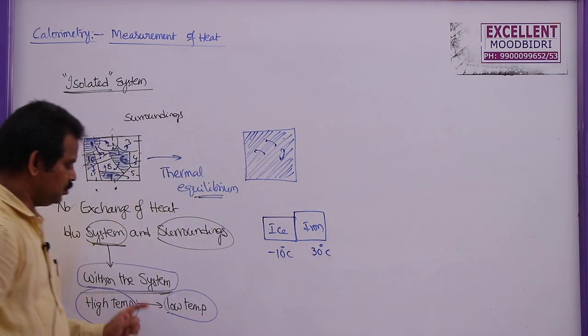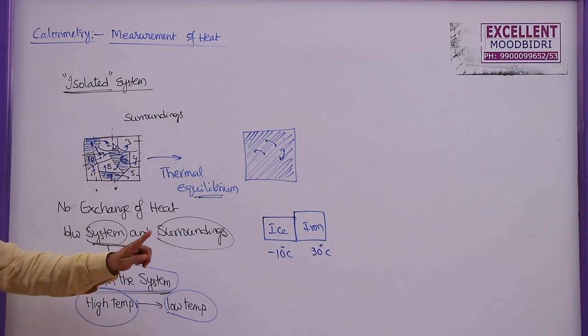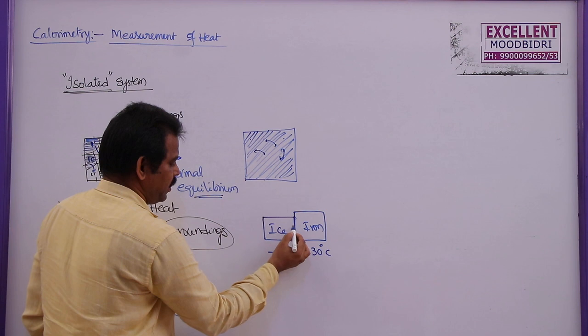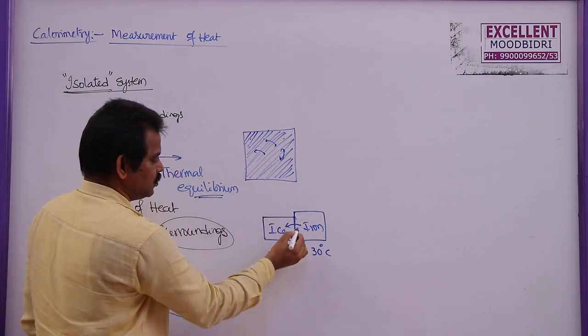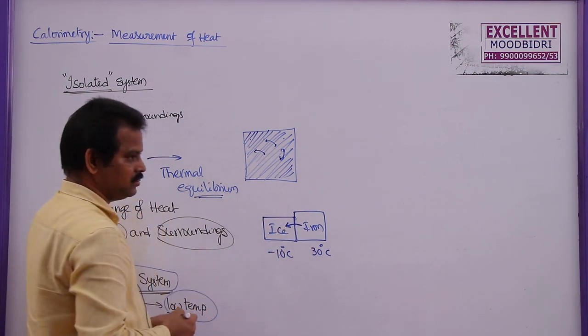Now we know that, according to the definition of temperature or heat energy itself, heat is a form of energy which always flows from high temperature to low temperature. Here heat transfer takes place between iron and ice, from iron to ice. So this is the direction of heat energy.